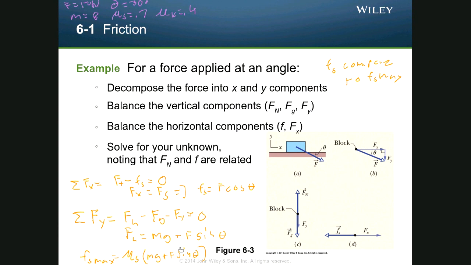And if you'll recall, the question was, does the block begin to slide or does it remain stationary? So you have direct equations to answer that now. Basically, you calculate the actual static friction in the problem and the maximum possible static friction, and you compare them. See what you get.